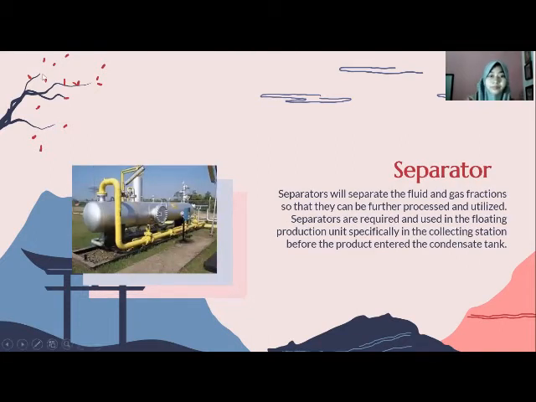And my name is Maulana. I will explain about the separator. A separator will separate the fluid and gas fractions so that they can be further processed and utilized. Separators are required and used in the floating production unit, specifically in the collection station before the product enters the condensate tanks.